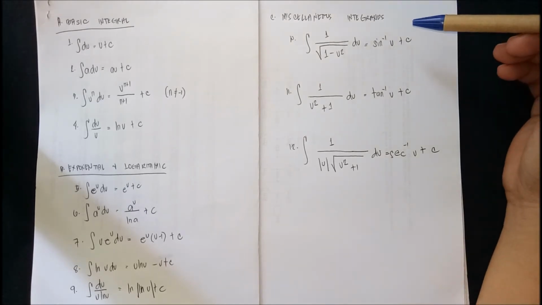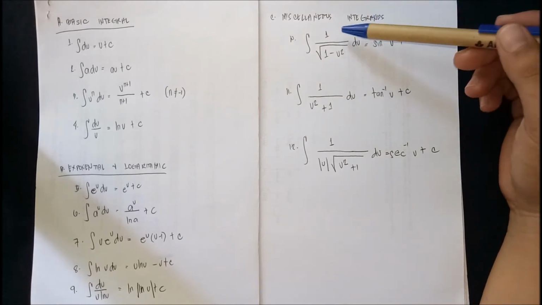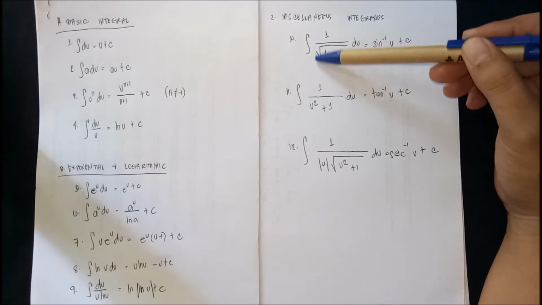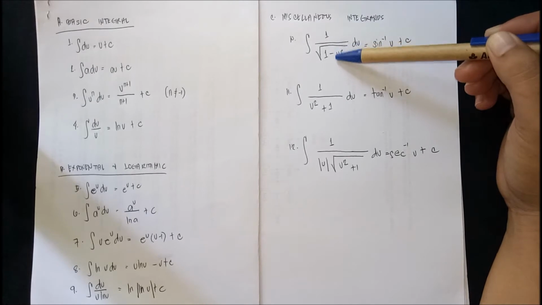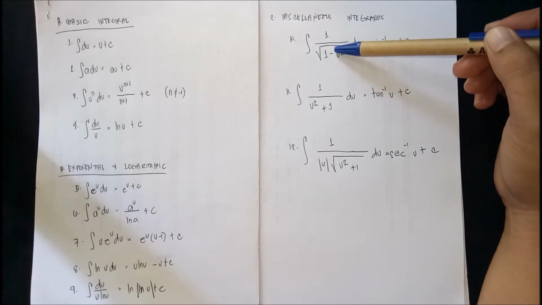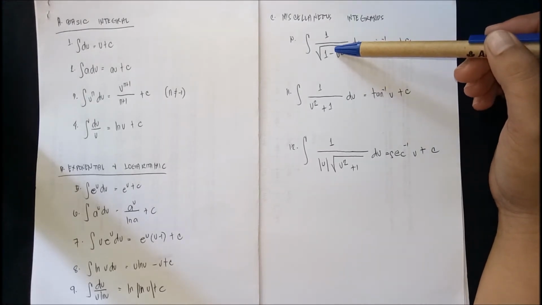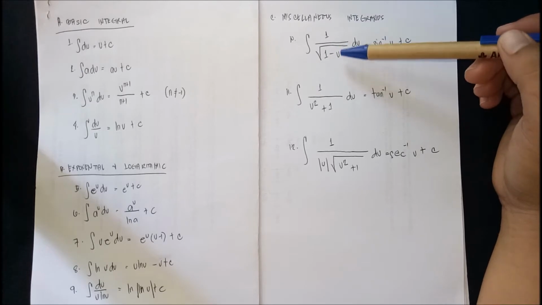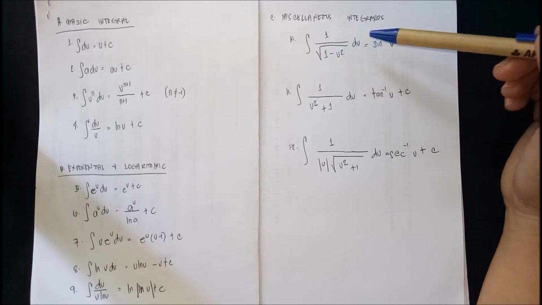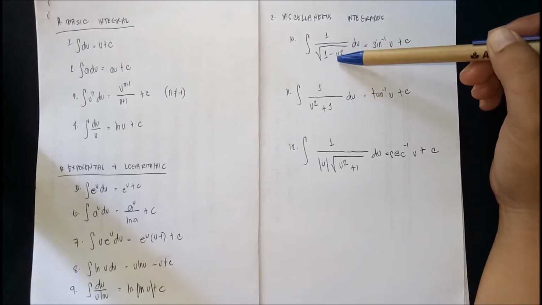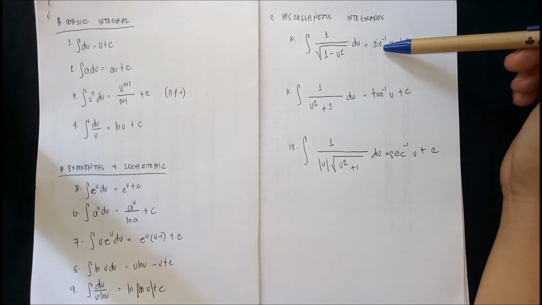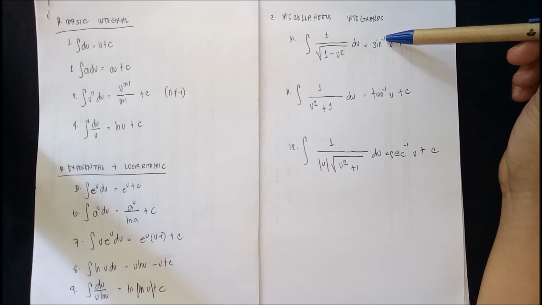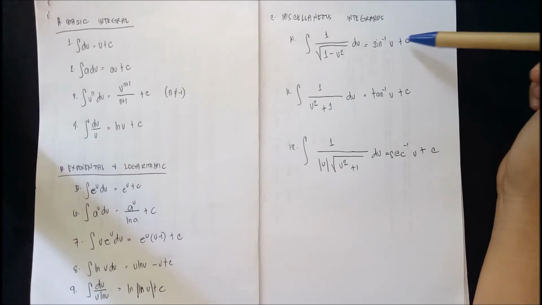Next, we have our miscellaneous integrands. When you see 1 over the square root of 1 minus u squared, the u squared could be any variable. It could be a trigonometric function, or x, y, depending. If this is the general format, with the derivative of u present, that is simply sine to the negative 1, or arc sine u, plus c.